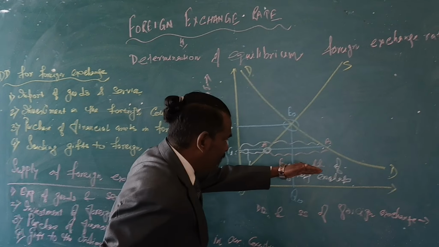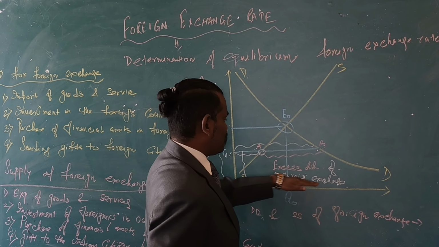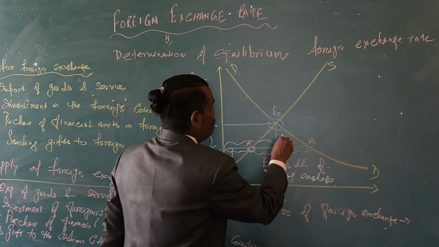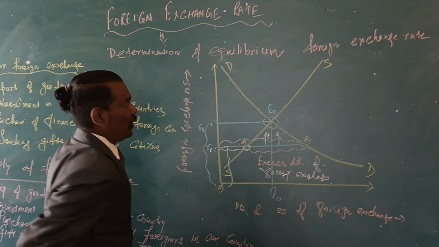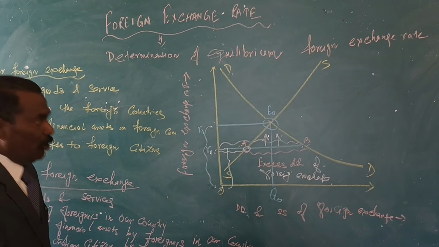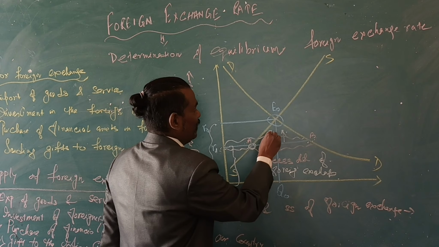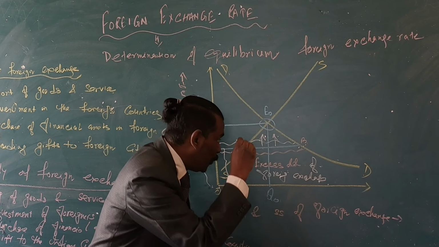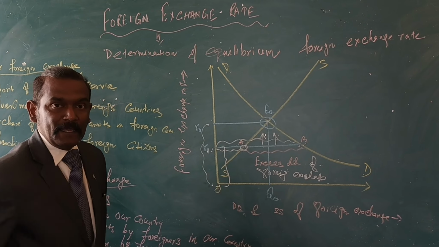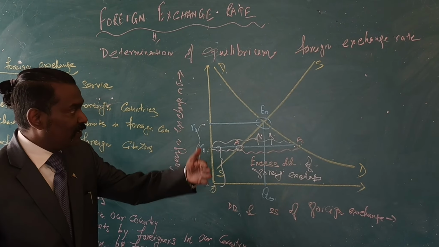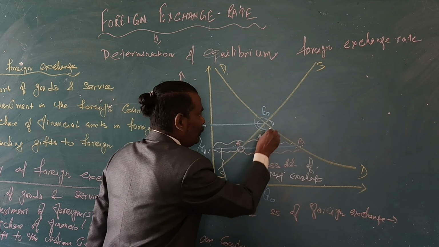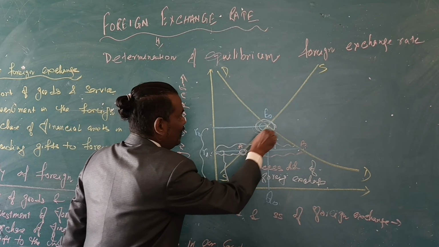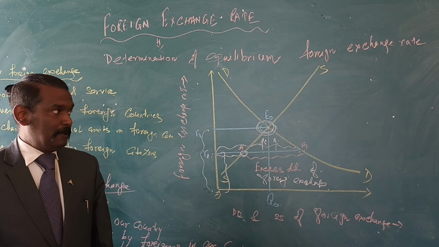Now, as there is excess demand for foreign exchange, what will happen? There will be an upward pressure on the foreign exchange rate, due to which the demand for foreign exchange will decrease, whereas the supply of foreign exchange will increase, till the equilibrium level E0 is achieved.